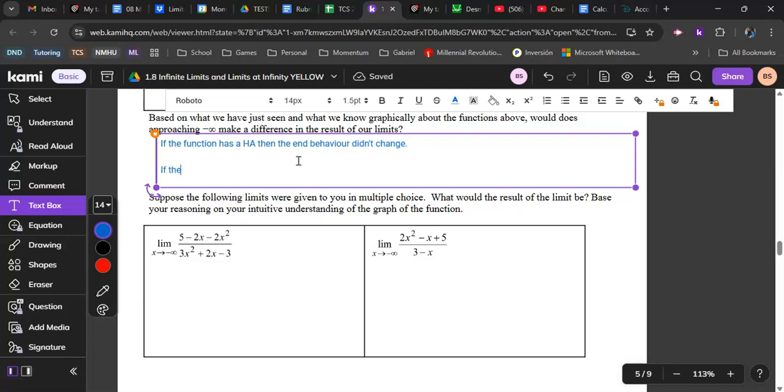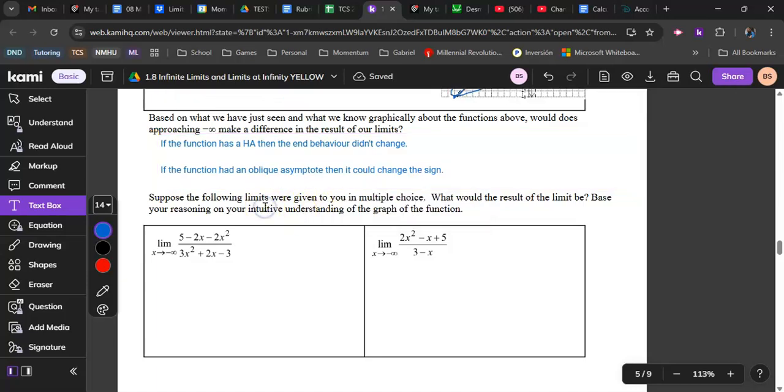But if the function has an oblique asymptote, then it could change the sign. Those are the 2 observations we just saw.